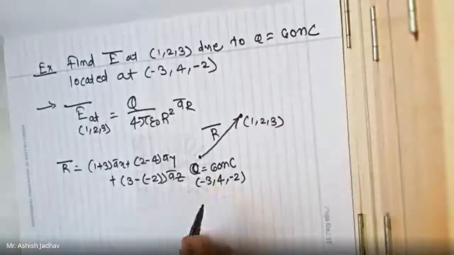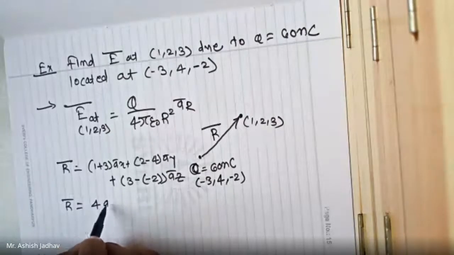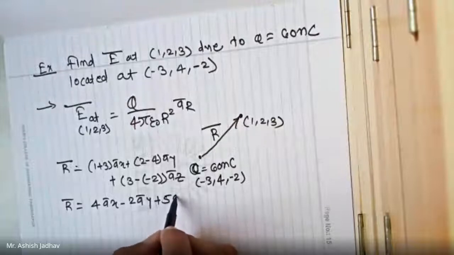So this would be the vector. So R bar is equal to 4 a bar x minus 2 a bar y plus 5 a bar z. This is R bar.